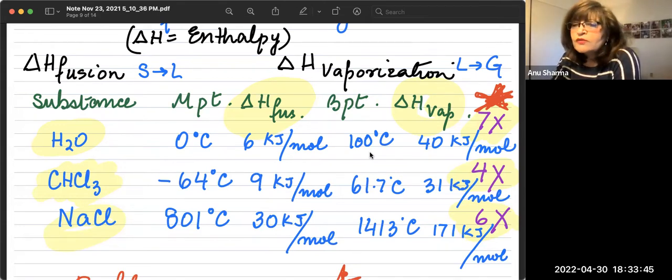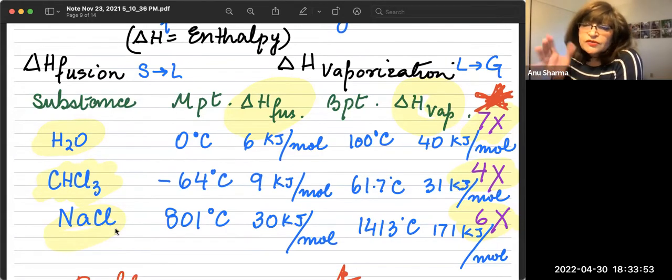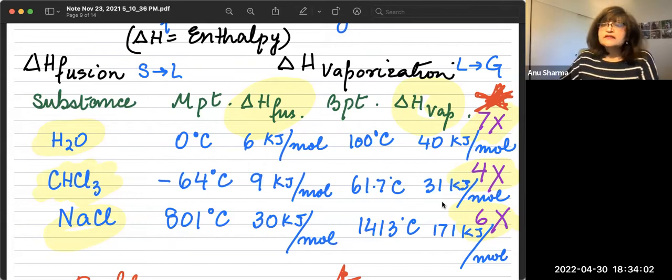Chloroform is about 4 times more, so 9 fours are 36, so about 31 kilojoules per mole, so it's roughly in range. Sodium chloride is 6 times more. So in any case, the heat of vaporization is always higher.